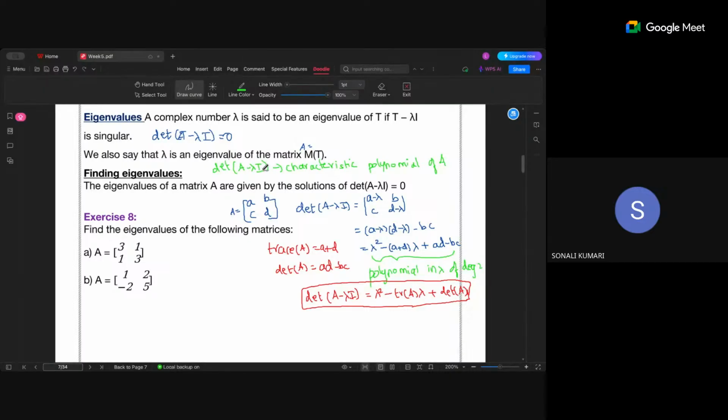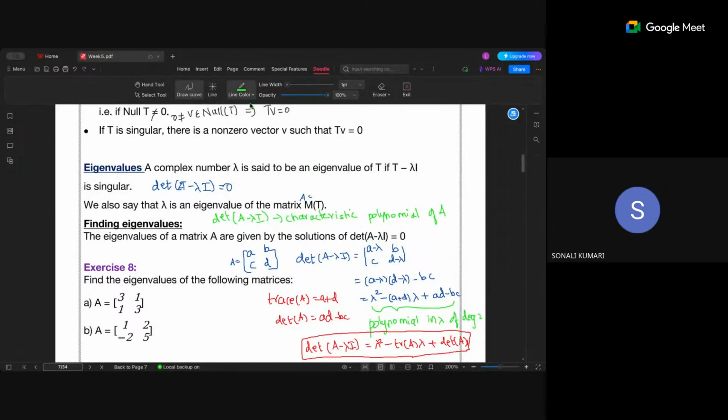If it is not real, then the solution is complex. So in the definition, it's given that lambda is a complex number. So the solution is always a complex number, or it can also be a real number? Okay. So let's say x plus iy.